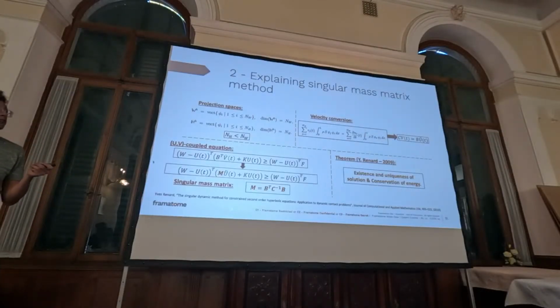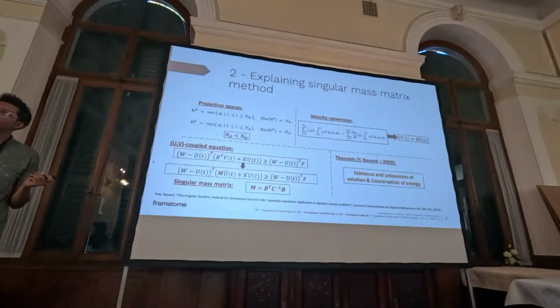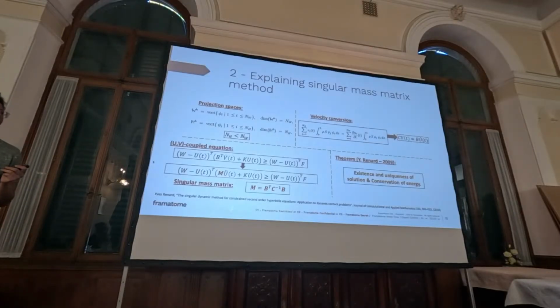That gives us a velocity conversion formula with B a rectangular matrix that destroys information for U dot, and that's why we have a singular mass matrix. So you have velocities whose variation will not cause any change in the kinetic energy. Yes, they don't influence the kinetic energy.